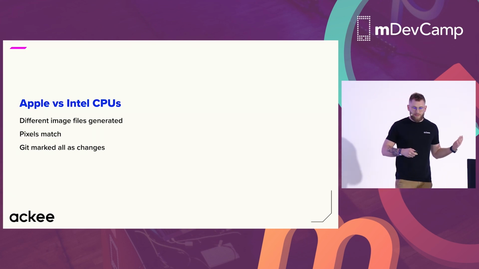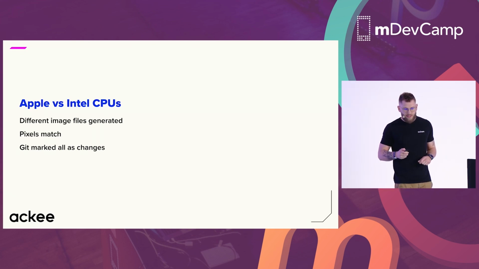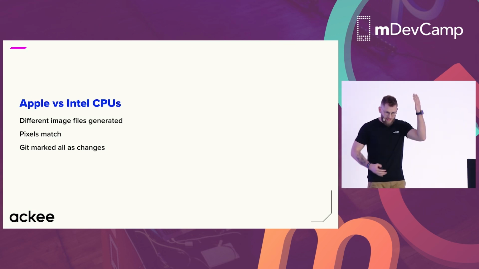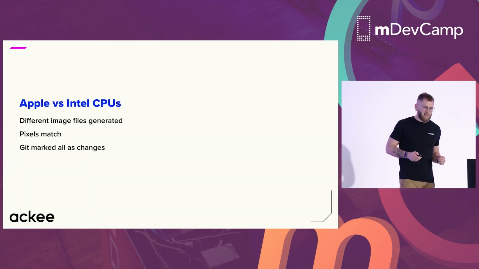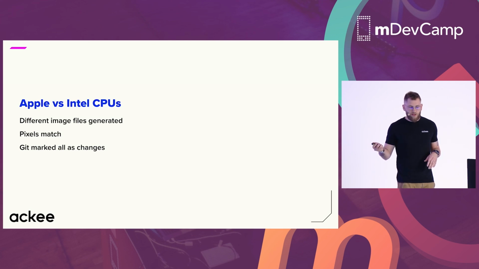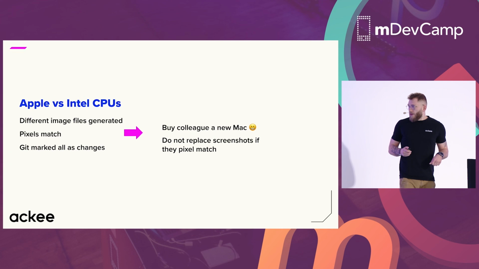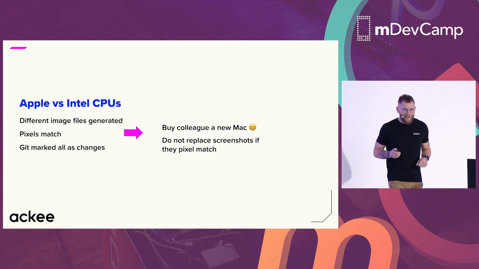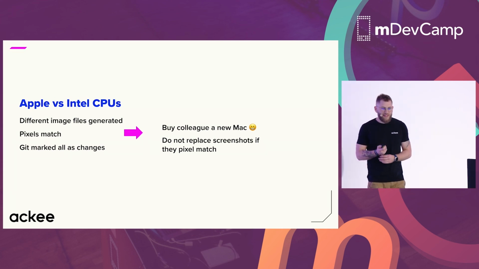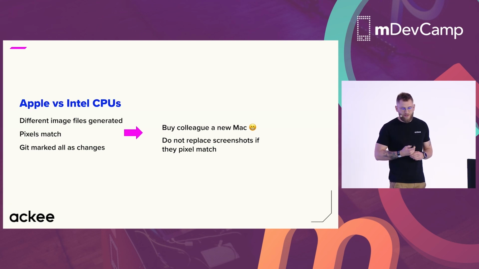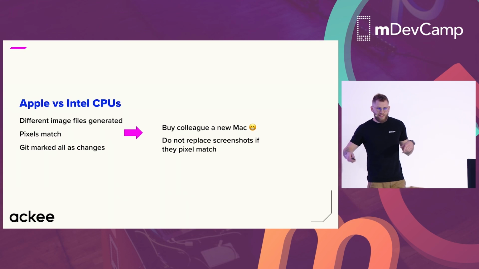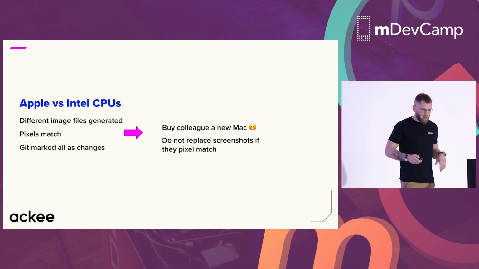It made the pull request process unbearable because there were tons of files marked as changed, even though they were not changed. So we solved it pretty easily. We bought a new Mac for our colleague, but before it arrived, we solved it by not replacing the screenshots on disk if they pixel matched.